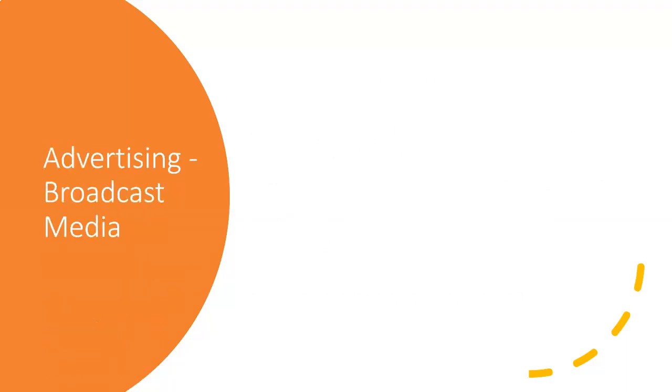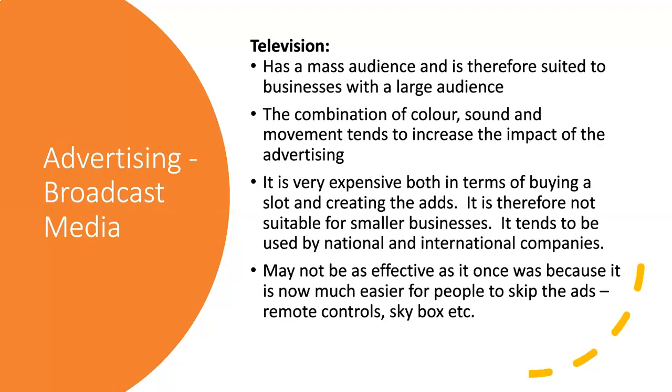This slide is called Advertising and Broadcast Media. Television has a mass audience and is therefore suited to businesses with a large audience. The combination of colour, sound and movement tends to increase the impact of the advertising. It is very expensive, both in terms of buying a slot and creating the ads.